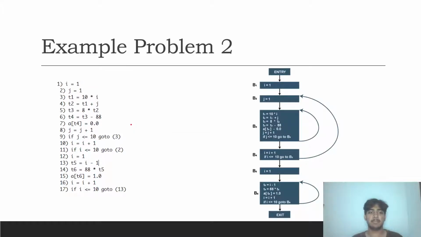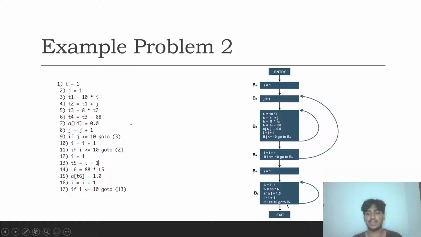Looking at another example problem, this is also a code we have discussed earlier. We have split this code into 6 blocks. Like I said, the code must execute linearly, so first we arrange all the blocks in a linear order. Then we look at the go to statements.